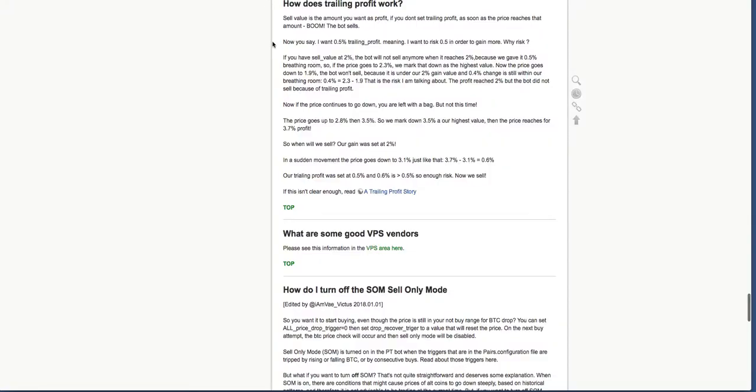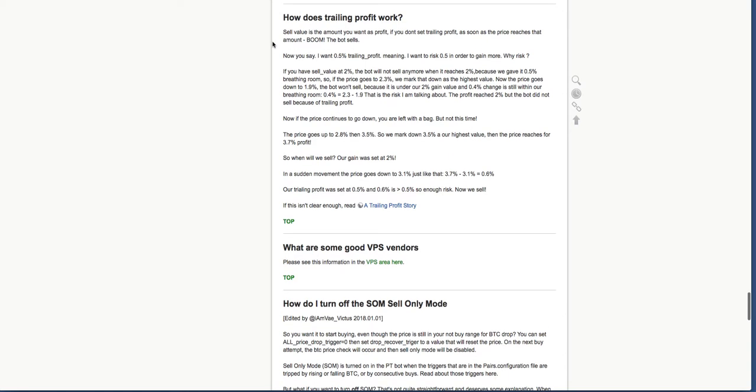So let's go over here to the wiki, and we can see this particular paragraph in the frequently asked questions. How does trailing profit work? What I think is important out of this entire paragraph is this portion right here. So if we read it, you can see if you have a sell value of 2%, the bot will not sell anymore when it reaches 2%, because we have to give it a 0.5% breathing room, because right above here you see that you have a 0.5% trail.